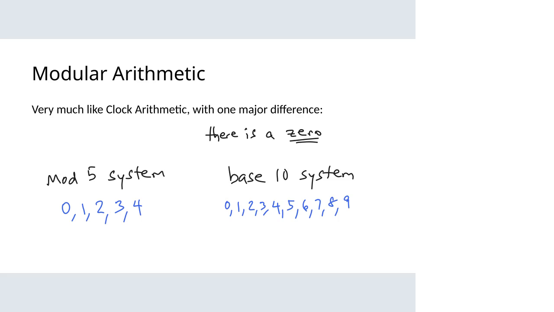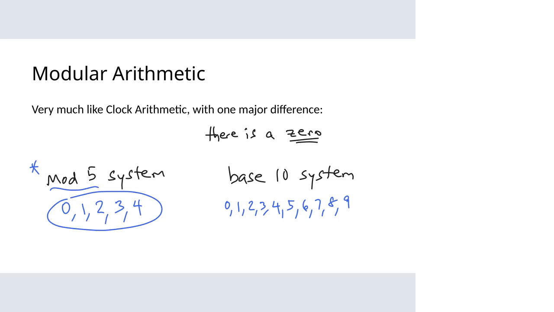The largest digit in a mod 5 system is 4. So there are definitely parallels between what we do with modular arithmetic and what we do in our base 10 system. Everything else in modular arithmetic is going to be just like it was in clock arithmetic, except keep in mind that if it's mod 5, our numbers only go up to 4.